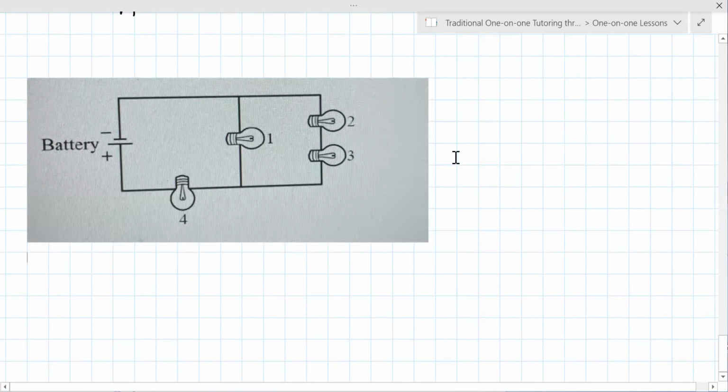All right. Sorry, I didn't even grab the question. It says the current is greatest through which of the light bulbs.